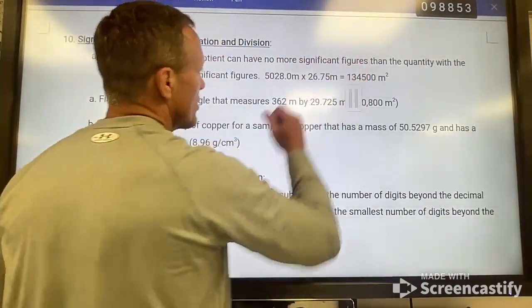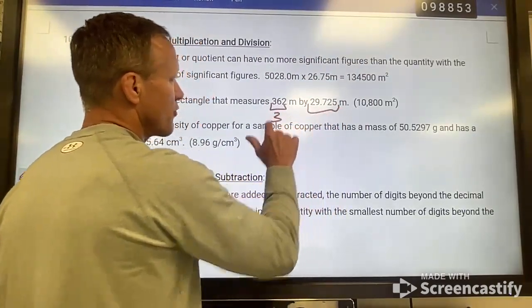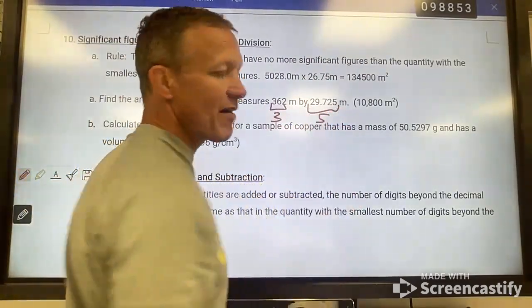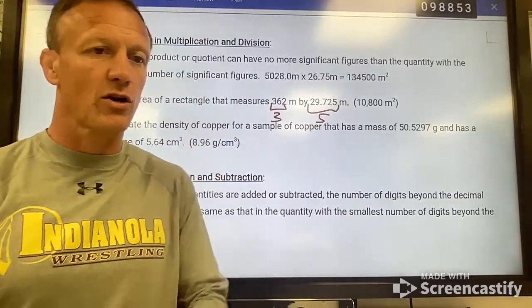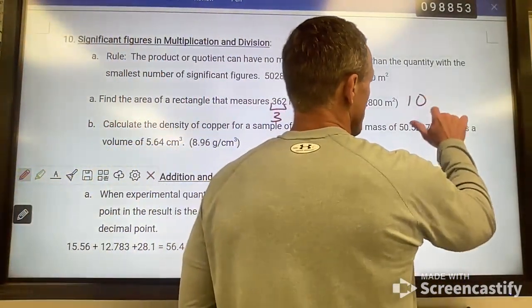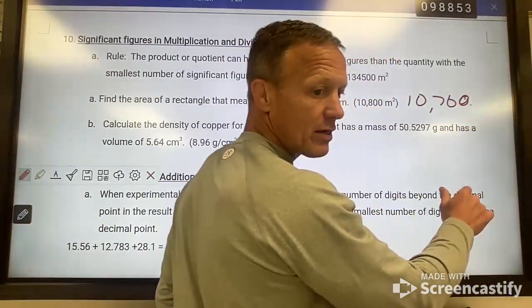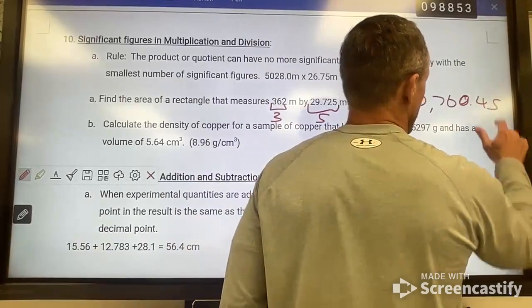Okay. This one, if you're multiplying this by this, this has got 3 sig figs, this has got 5, so our answer could only have 3 sig figs in it. So when you multiply these two numbers, you actually get an answer of 10,760.45.